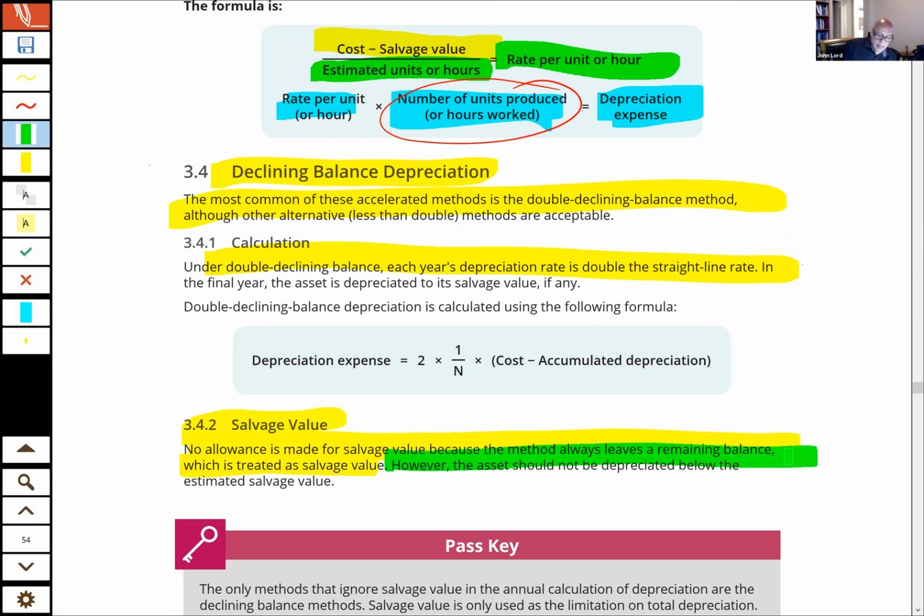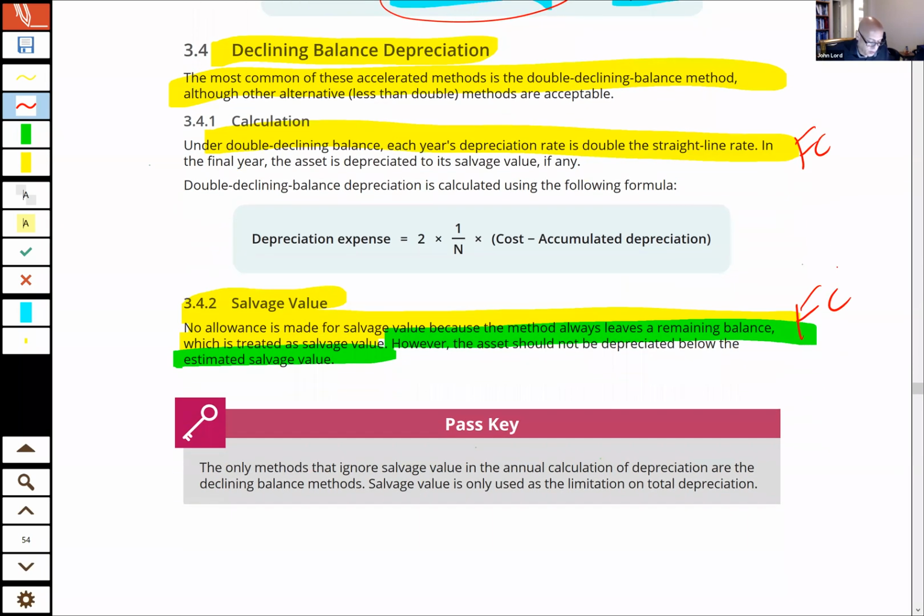However, you write the salvage value off to the side, and you are not allowed to depreciate below the salvage value. So you don't use it in the calculations, but you're considering it in that you won't depreciate below salvage value. Make sure you flashcard that. Double declining balance is double the straight line, triple declining balance would be triple the straight line, and 1.5 declining balance would be 150% of the straight line, and so on.